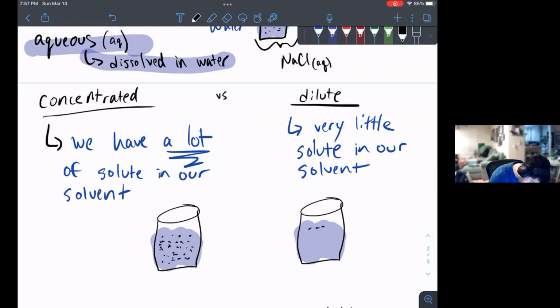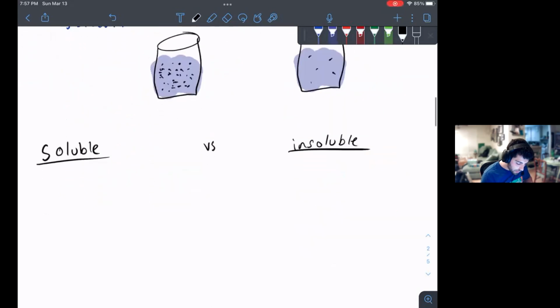Oh, I should actually go even less hard on the dilute. Well, dilute kind of looks like this. Generally, a good example I like to use is if you're making Hi-C, when you pour a little bit of water and it's very flavorful, that's concentrated. As you add more water, it dilutes it, and that becomes dilute.